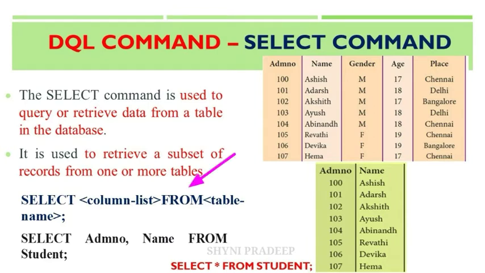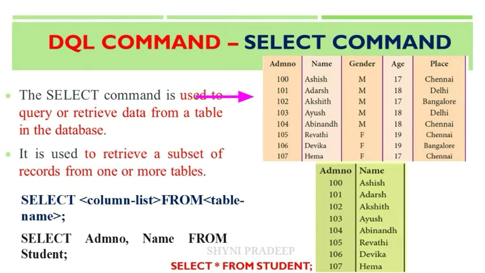This is the syntax of the select command: select column list from table name. Here table name is the name of the table and column list includes one or more columns from which data is retrieved. Here the student table is given.